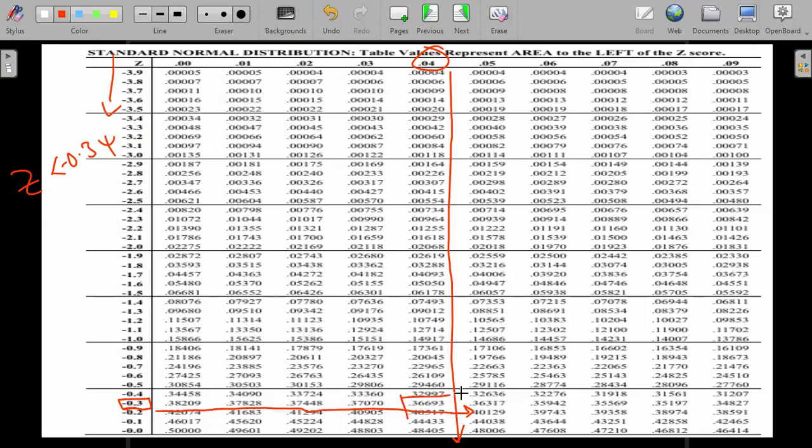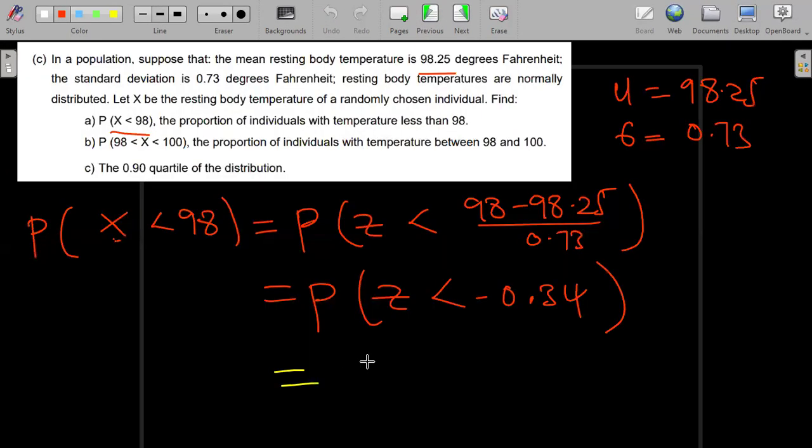Where they cross, it is that value. So that's the probability there, 0.36693. So I can go back here and write 0.36693. The value might be slightly different depending on the table that you are using, but that's the value that I'm finding there.